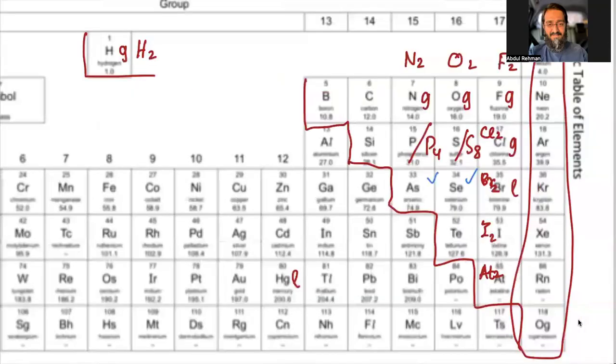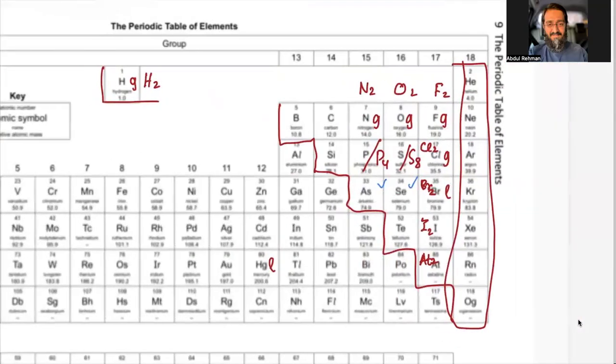Similarly, when we move over here, all the elements in group 13 are going to end at p1. Then they are going to end at p2, p3, p4, p5, and p6.